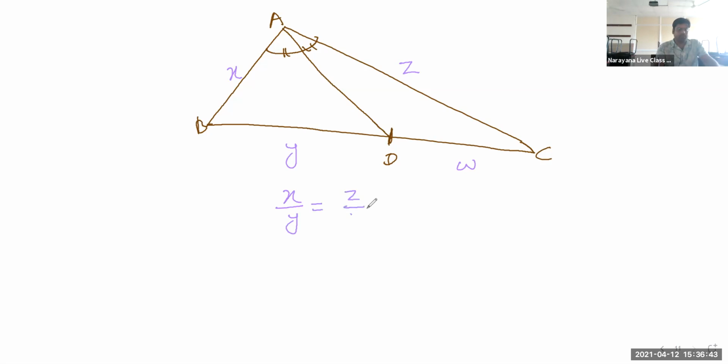So, any angle bisector: like triangle ABC, and this is the bisector of angle A, and the bisector of angle A meets BC at D. If you take the length of AB as X, length of BD as Y, length of AC as Z and length of DC as W, then the ratio X upon Y is equal to Z upon W. So you can also say that X by Z equals Y by W.